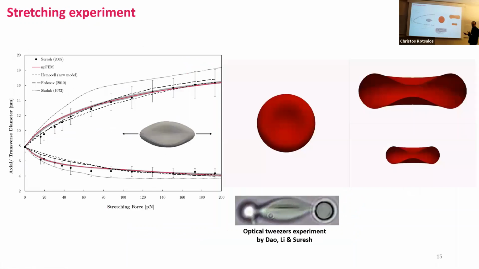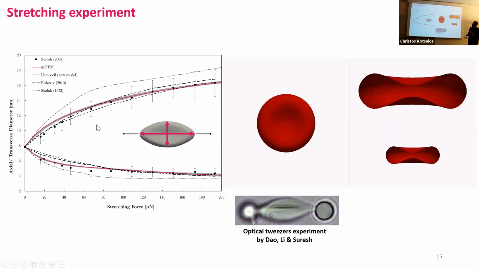So now I would like to show you a little bit of action, and here we have a stretching experiment of a red blood cell. What we are doing here is taking a red blood cell, imposing some loads, and stretching it. Now we want to measure the axial diameter and the transverse diameter. Here you see the axial diameter and the transverse diameter.